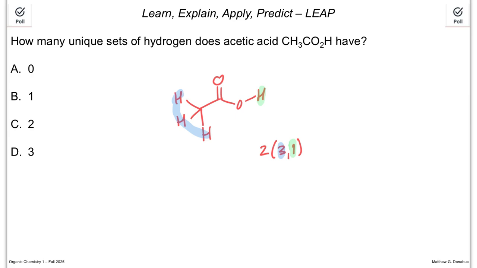So when we say acetic acid, we're thinking of that H as the acidic proton. But we have 2 sets. When you did this exercise, every set of hydrogens that you figured out, it is acidic.